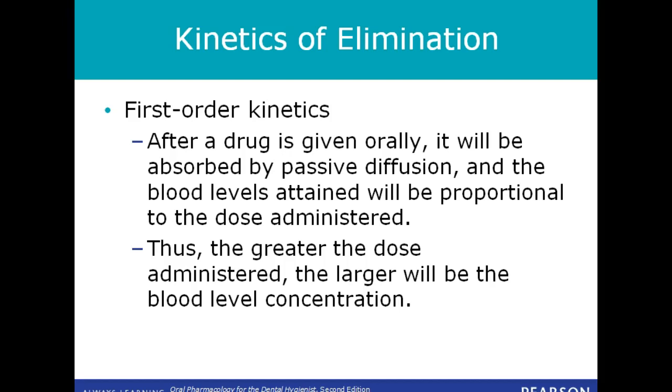Elimination is measured with kinetics. After a drug is given orally, it will be absorbed by passive diffusion, and the blood levels attained will be proportional to the dose administered. In other words, the more drug is taken, the more drug will be found in the blood.